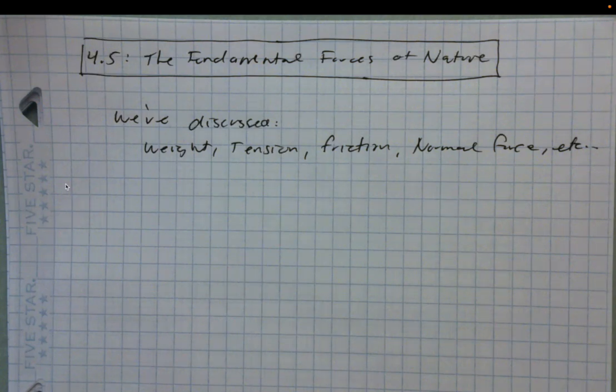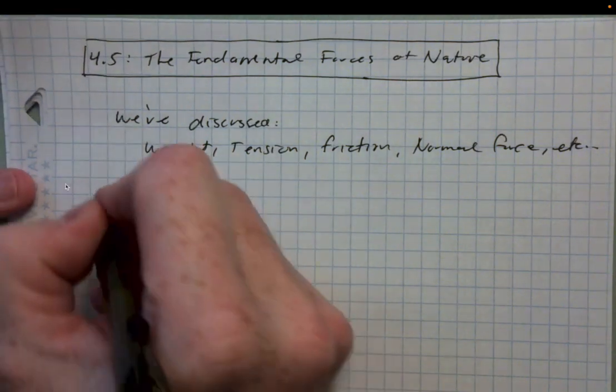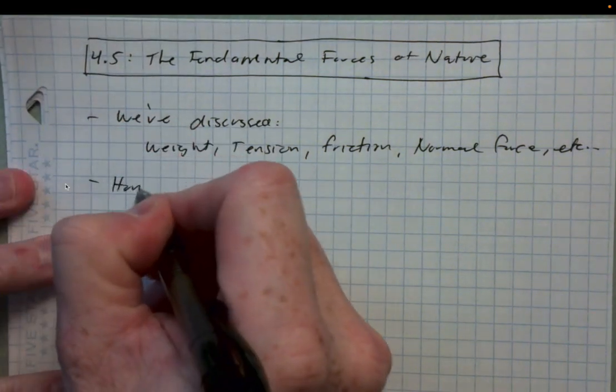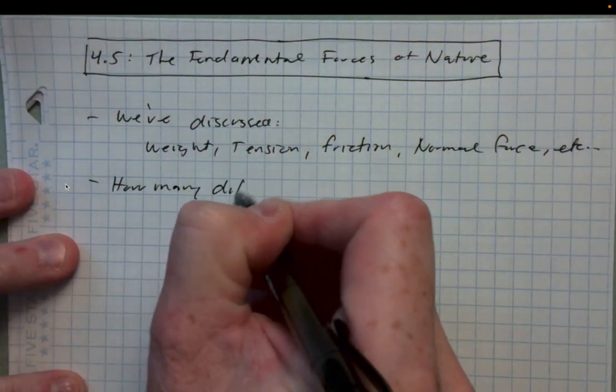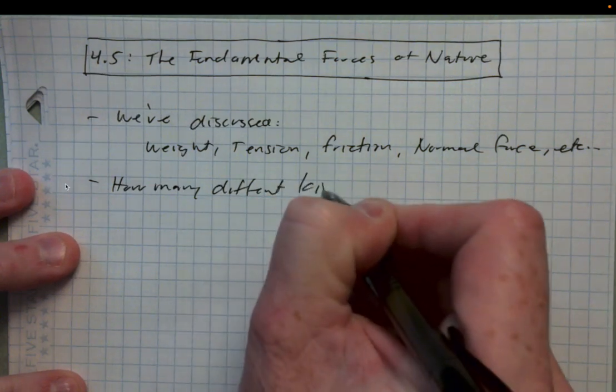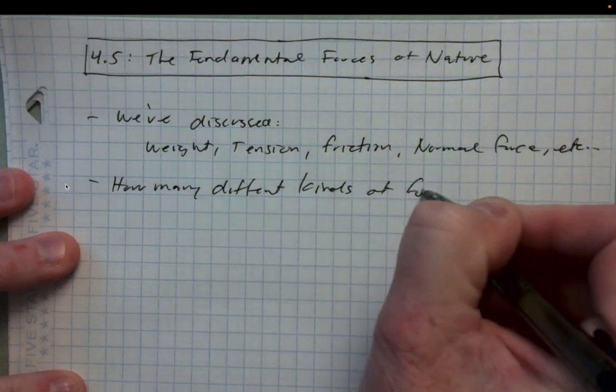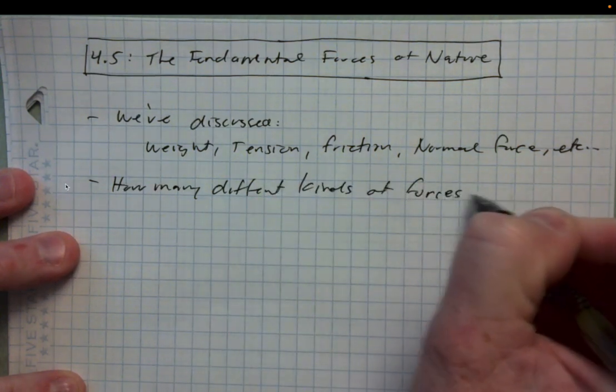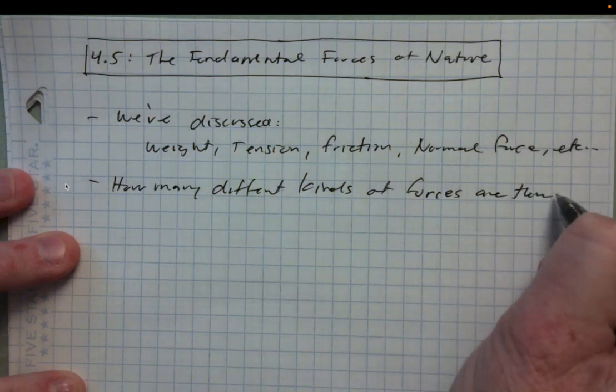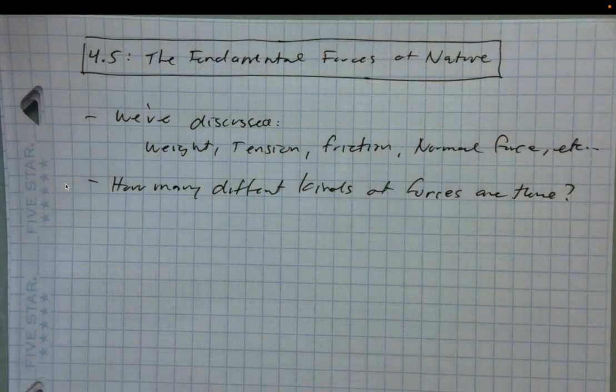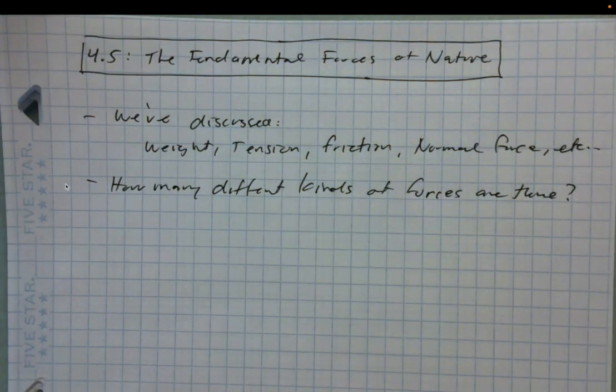This may beg the question, how many different kinds of forces are there in the universe? How many are there really? And it turns out that these are all examples of really just a few kinds of fundamental forces.